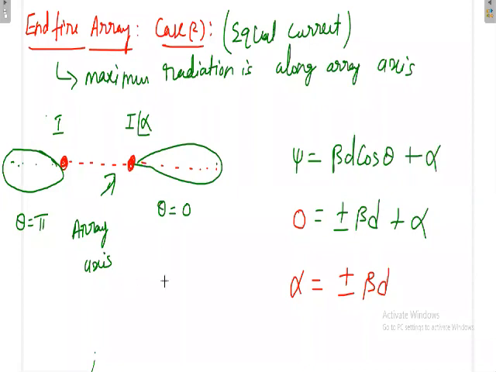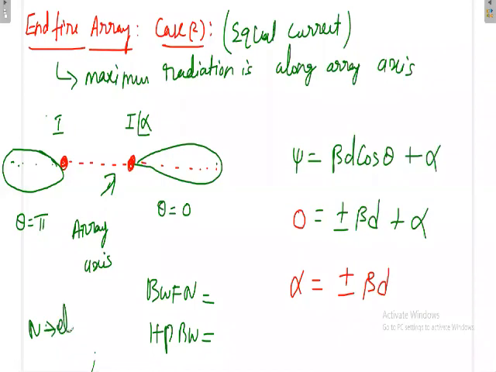Then find out the beam width between the first nulls and the half power beam width for the endfire array. But whenever you write the beam width between the first nulls and the half power beam width, that is not for a 2 element array, that is for an n element array always.